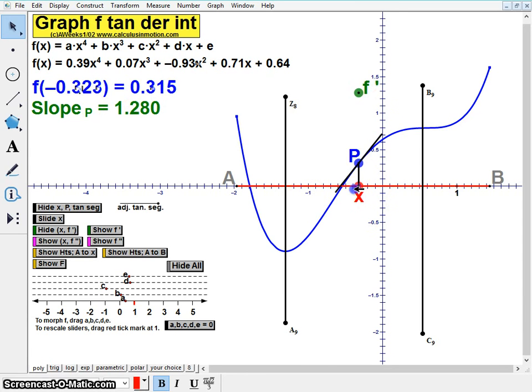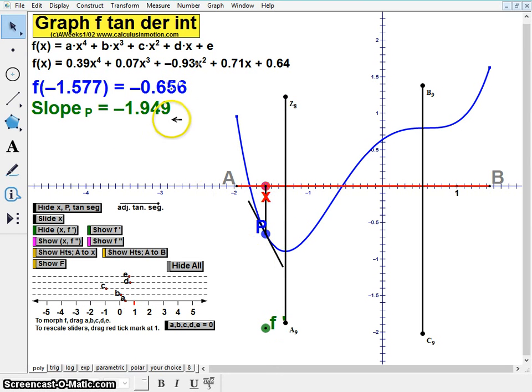So as I slide it over here and over here, right about there, I was pretty close. You can see that f prime, the derivative, crosses the axis. And then if we look over here, it's always down here in the negatives, right? Negative 1.94. Here's negative 2.